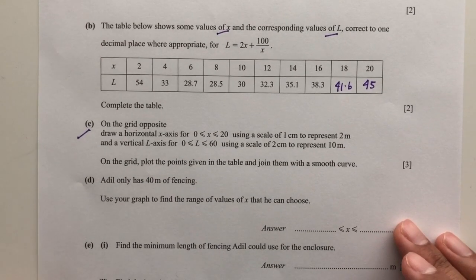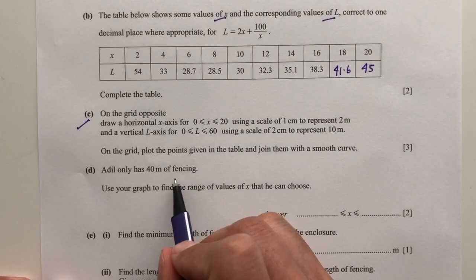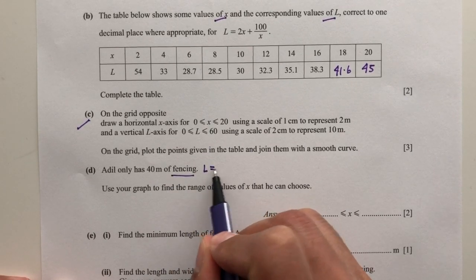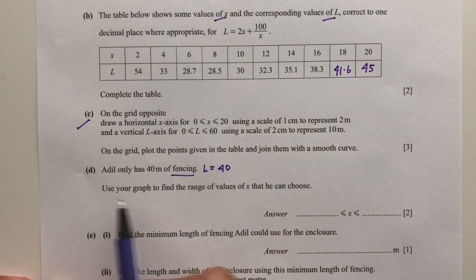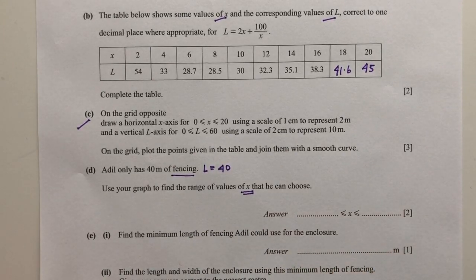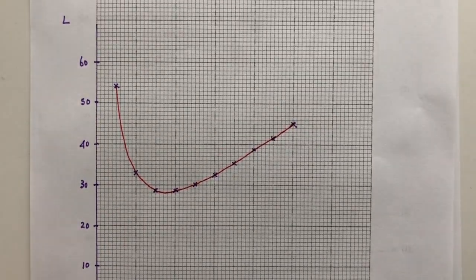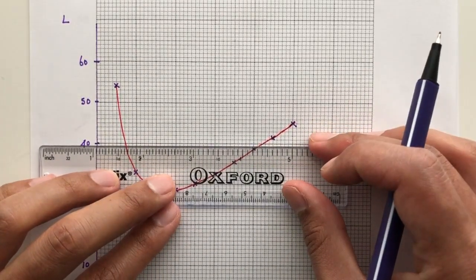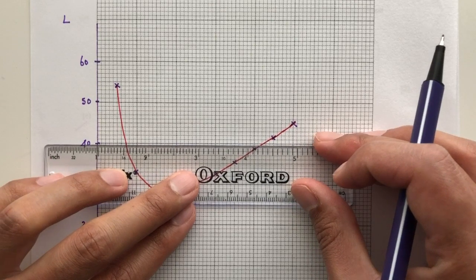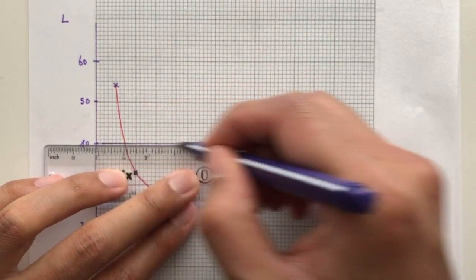Now, question part D. It says, Adil has 40 meters of fencing. So, fencing length is L, so L equal to 40. Use your graph to find the range of values of x that he can choose. So, pretty easy. You go to your graph, you go to the L-axis at 40, and then you draw a horizontal line to cut the curve at those 2 points.